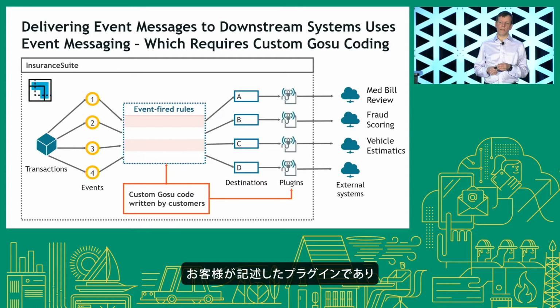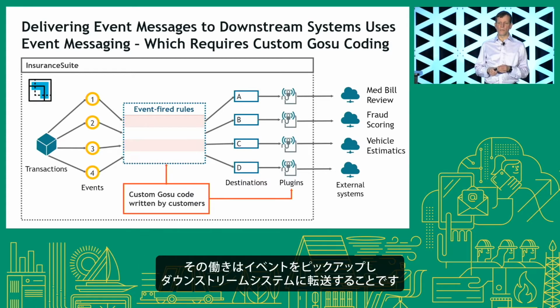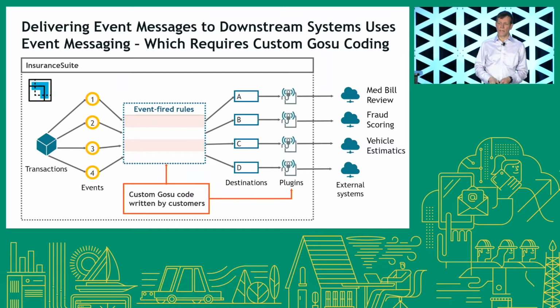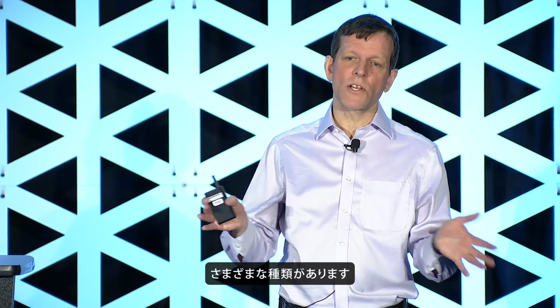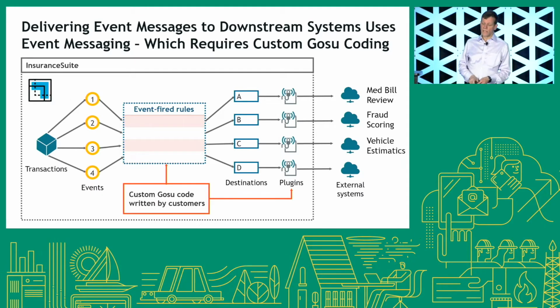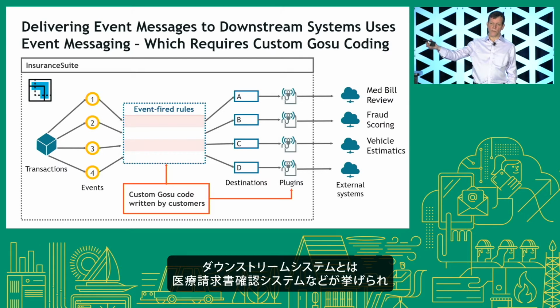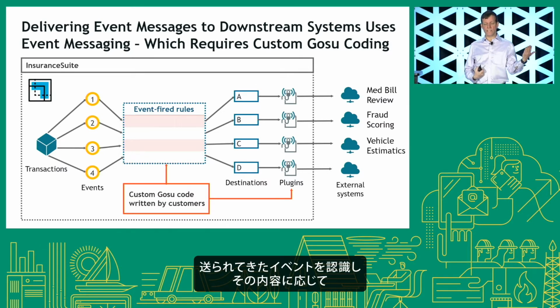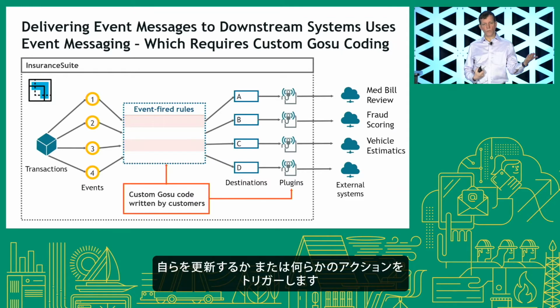Again, these are customer-written plugins, and what they do is they pick up the event and transport it to the downstream system. That could be over JMS, it could be making a SOAP call, it could be creating a file. There are a lot of different options there. Okay? And then ultimately, the event will get to the downstream system, so it could be the Medbill review system or whatever, which will see this event and respond accordingly, whether it's updating itself or triggering some kind of action.